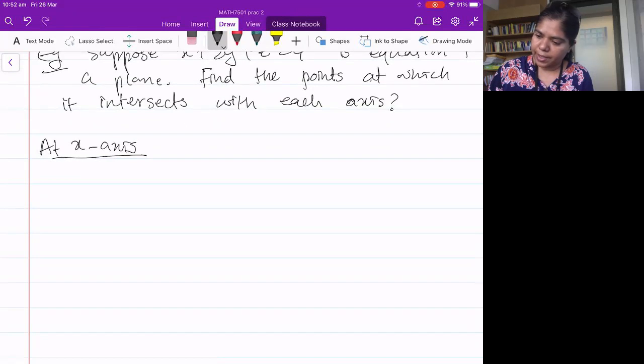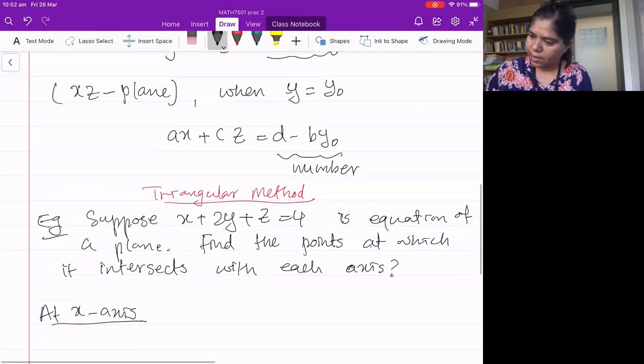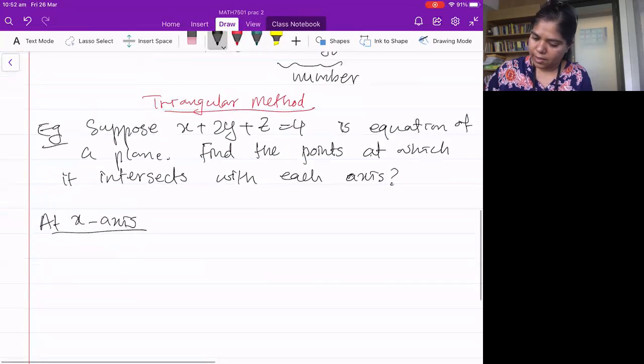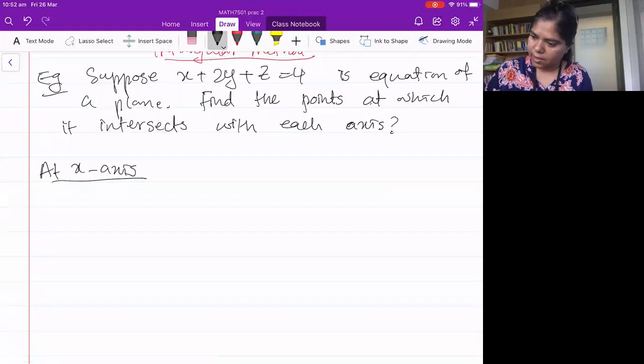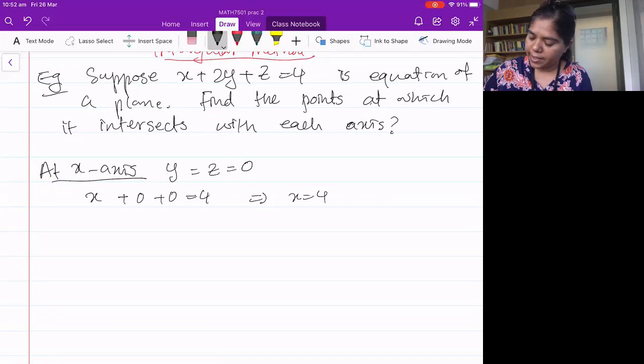That would be at the x-axis, we have y equals z equals 0. So that gives us the point that intersects with the x-axis, which is 4, 0, 0. Okay?